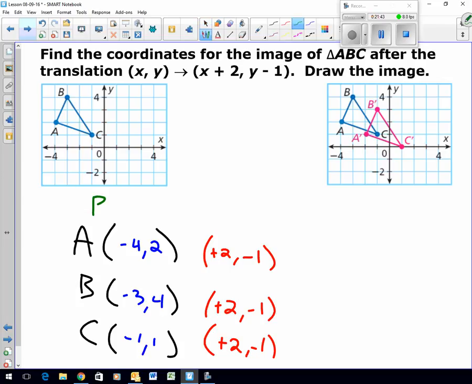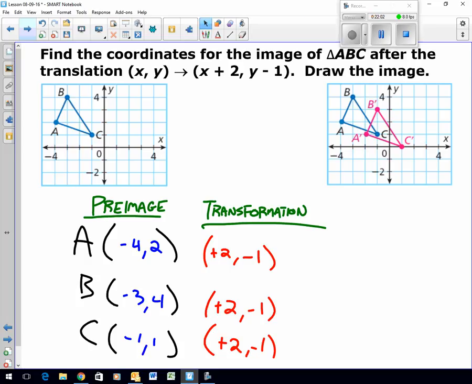Start with the pre-image. We include a transformation, which in this case is a translation. Then I get my A prime, B prime, C prime.